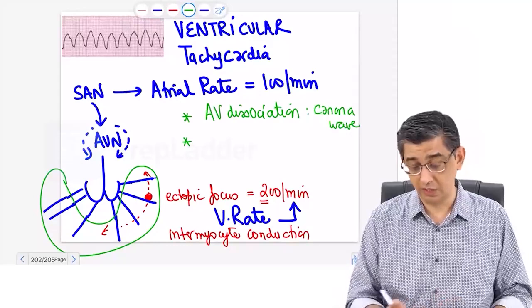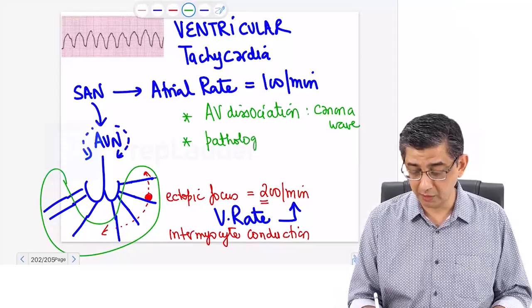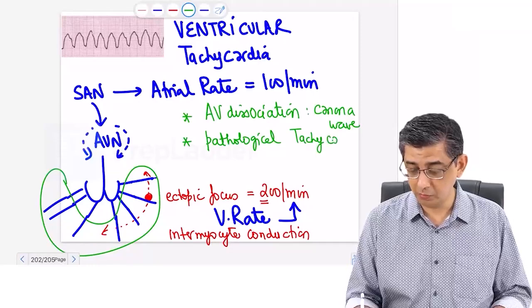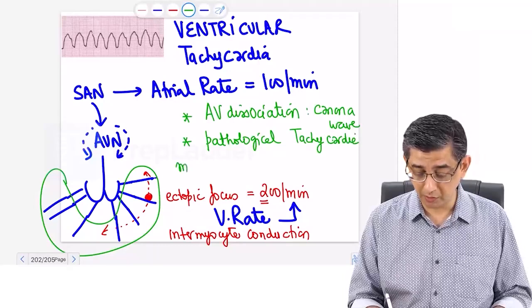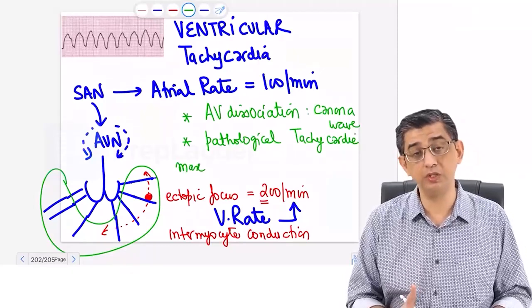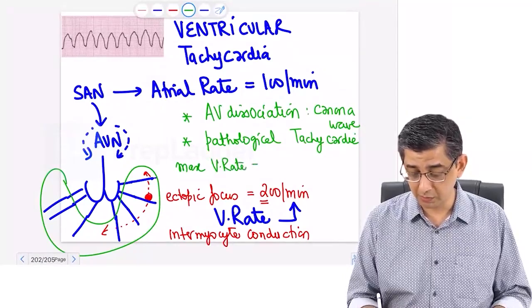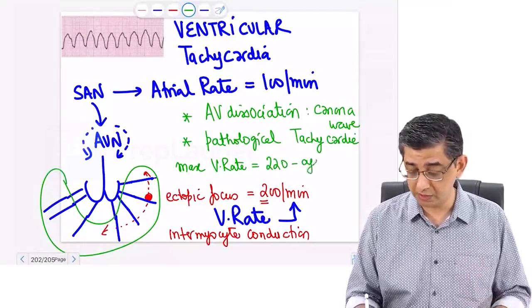Apart from this, I can also say that the person is having a pathological tachycardia. Why? Because I have taught you that the maximum heart rate possible for a normal human being is 220 minus age. Remember the congestive heart failure topic? If you have not read it, I'm going to say this again. Physiologically speaking, what is the maximum ventricular rate possible for a normal human being? It is 220 minus age.